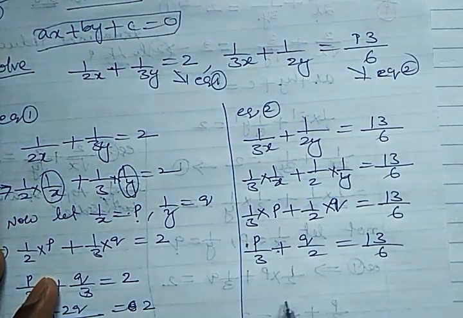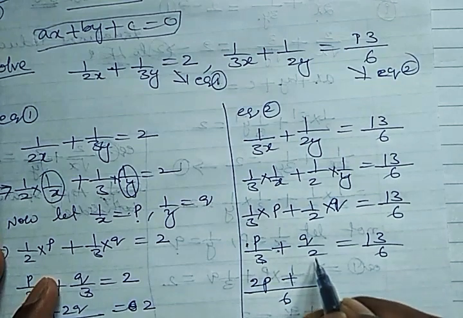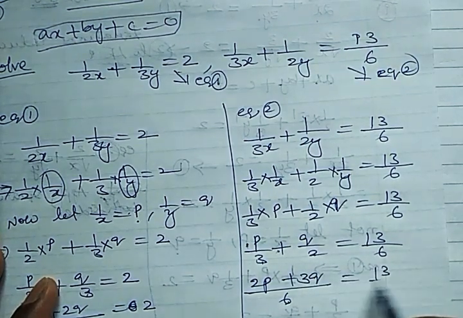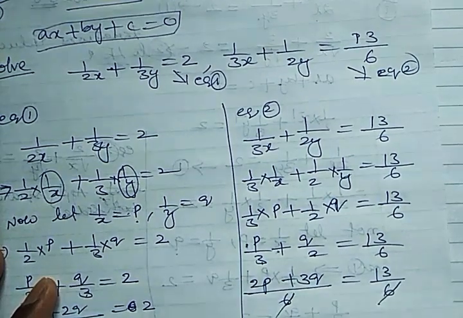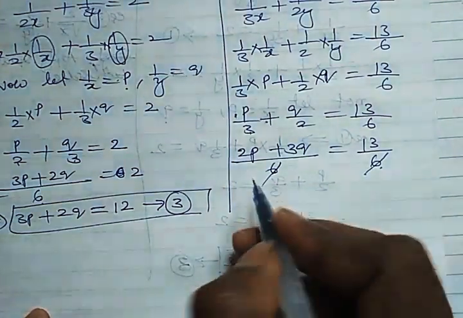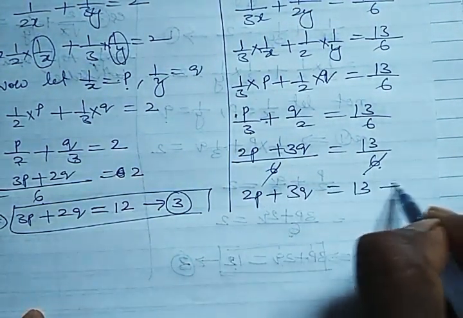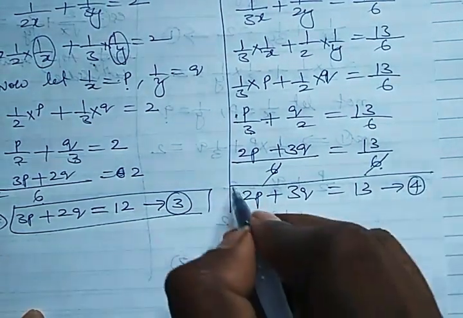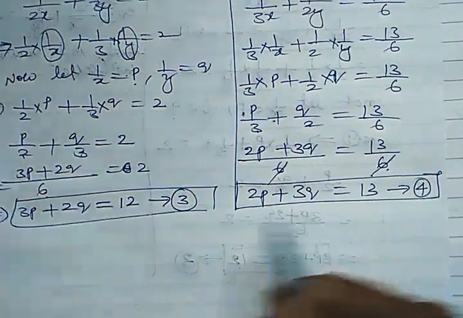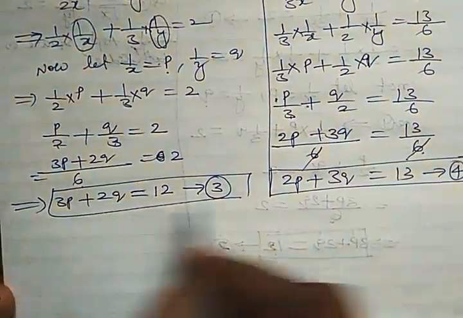Take LCM. LCM is 6. 3 goes 2 times, 2p, plus 2 goes 3 times, 3q, is equal to 13 by 6. On both sides the denominator is same, so 6 and 6 get cancelled. Now we have got equation 2p plus 3q is equal to 13. This is equation 4. So we have reduced the given equations into linear equations of two variables.